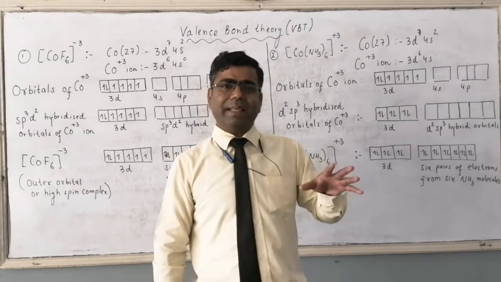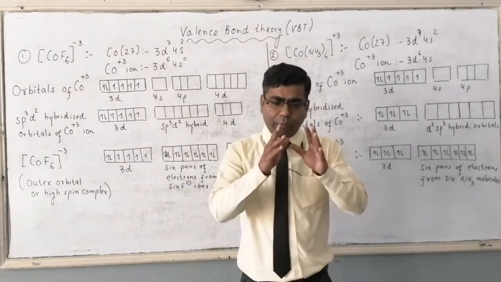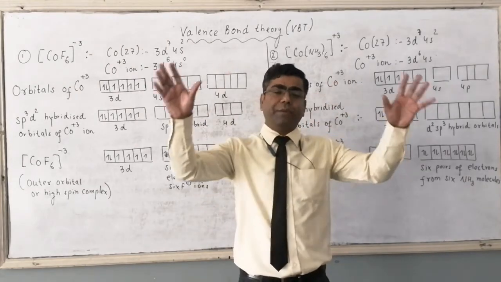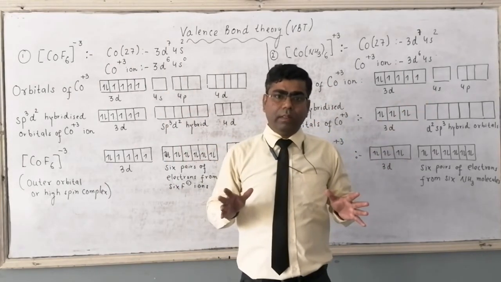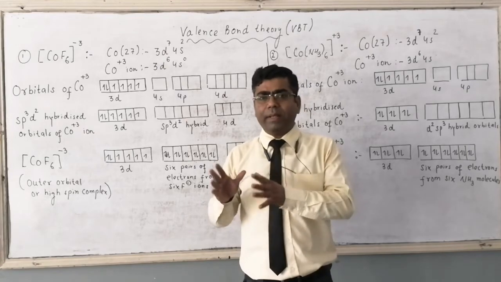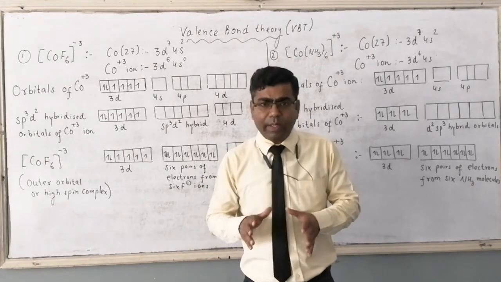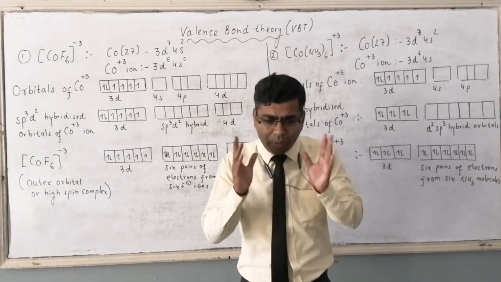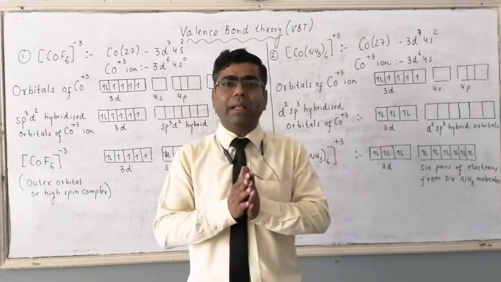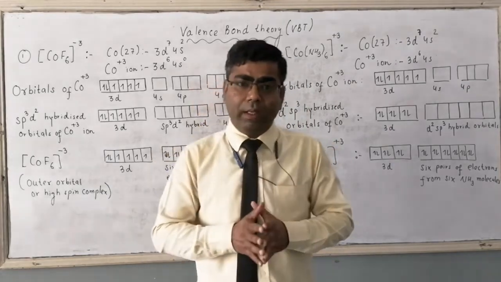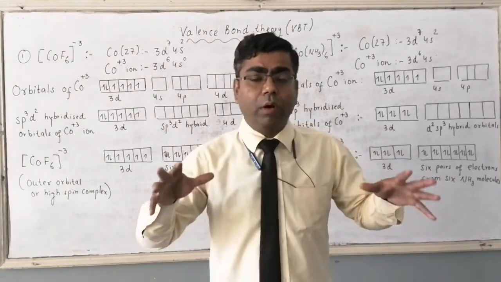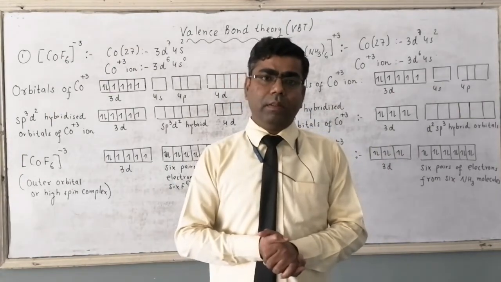If the hybrid orbitals are sp3, then for the 4 ligands the arrangement will be tetrahedral. And if the hybrid orbitals are dsp2, then the arrangement of ligands around the central metal atom or ion will be square planar. All the ligands will be arranged at the corners of the square.